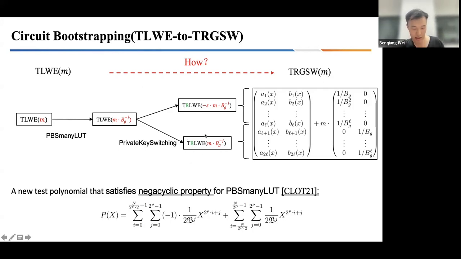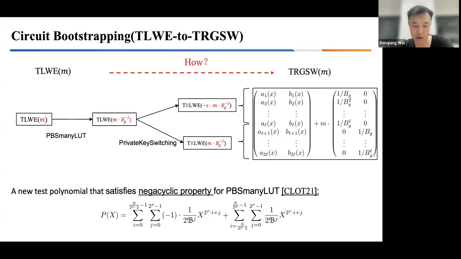In this way, we can construct this TLWE into TRGSW ciphertext. However, it must be noted that in order to realize the free computation of XOR, we divide the torus into two parts.